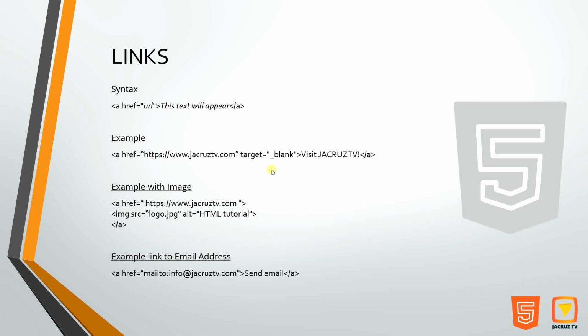So what's the purpose of this _blank? How it works, when the user clicks a link, it will open another tab. At the same time, it will load the link that you selected. So that's the difference.